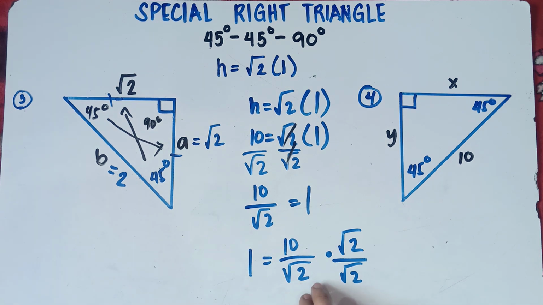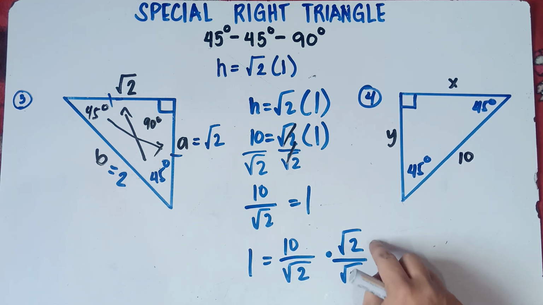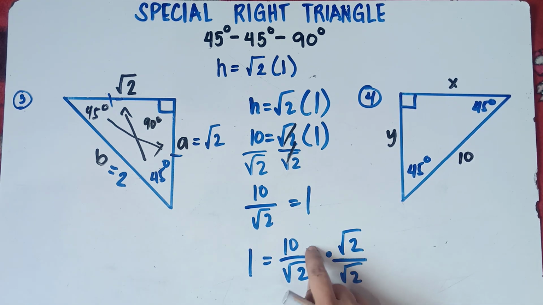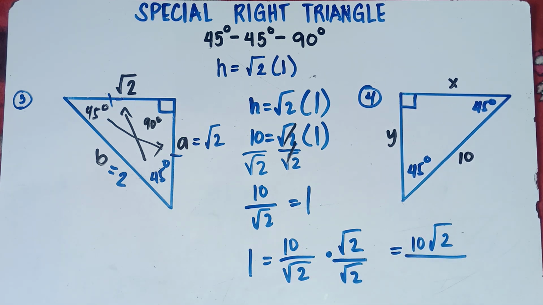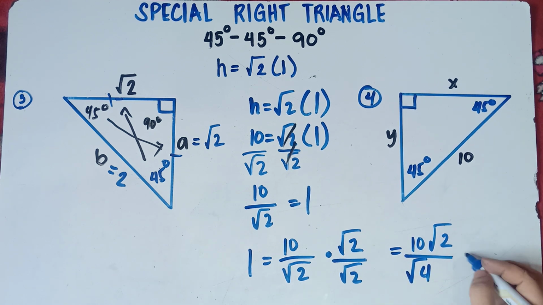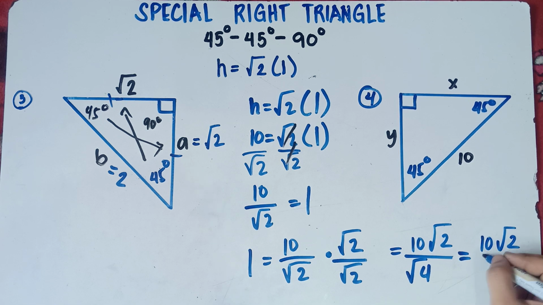Once again, to remove this one, class, simply multiply both numerator and denominator with the same radical. So multiply by square root of 2. 10 times square root of 2 would be 10 square root of 2. Square root of 2 times square root of 2 would be square root of 4. Can we simplify square root of 4? Yep, the square root of 4 is 2.